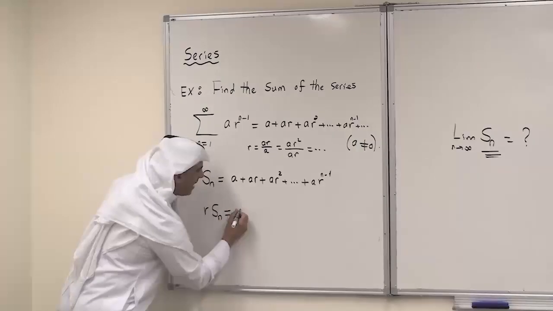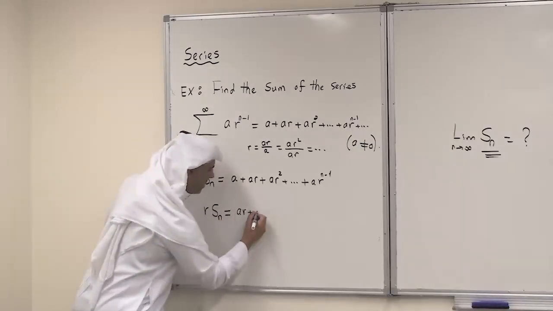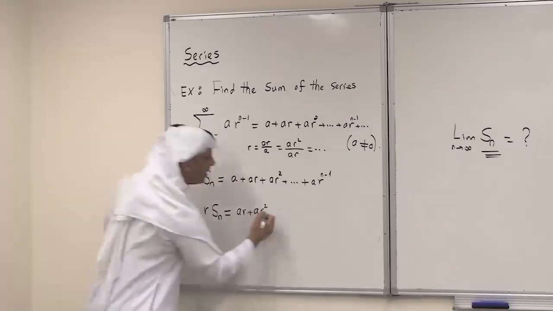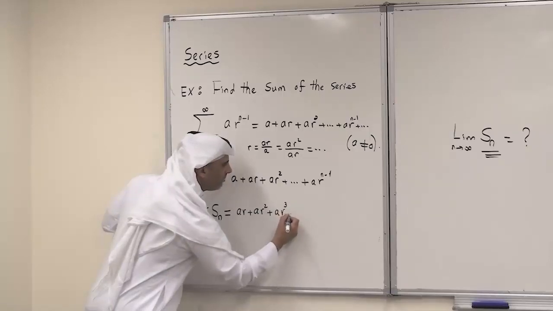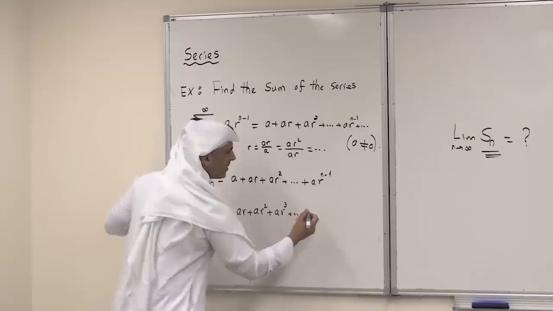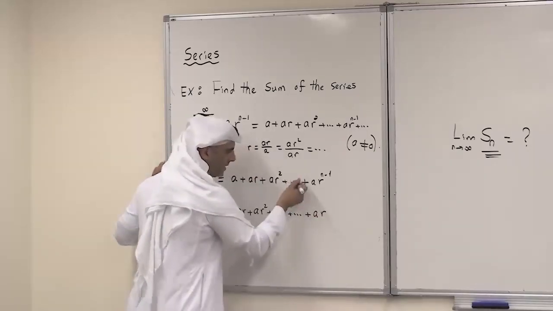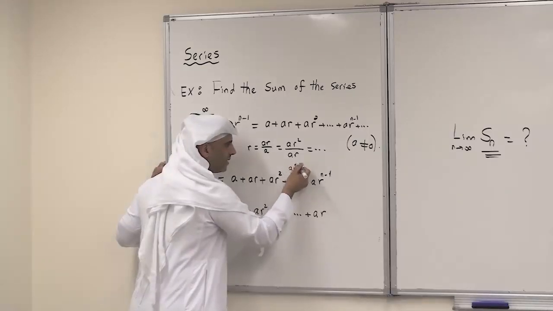We get this, ar plus what? If you multiply by r, this will be ar squared, plus here we have ar cubed, plus what? There is an element here, which is ar to the n minus 2.